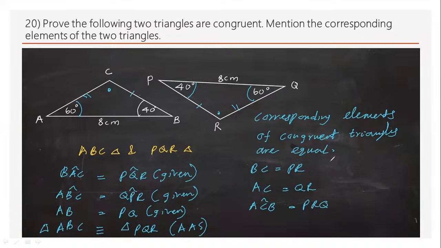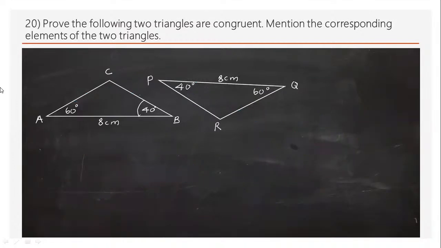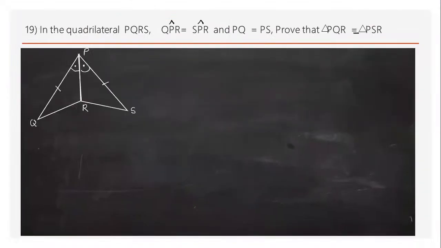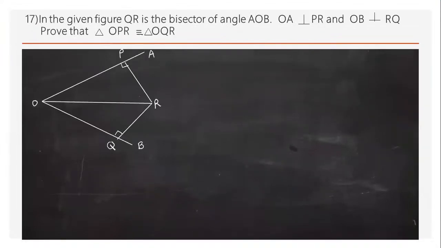Then 20 questions are already finished, but I have to go to the earlier one. We will try to correct the mistake in this question number 17. We have to correct it in my tutor also. In the given figure, this should be OR, not QR.